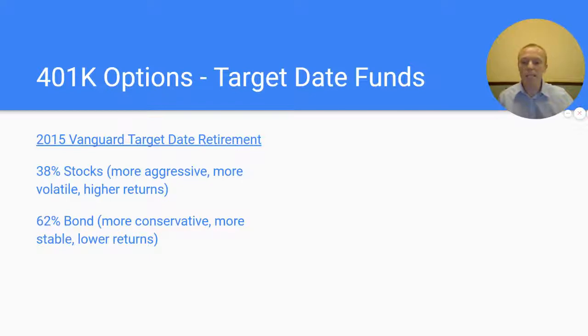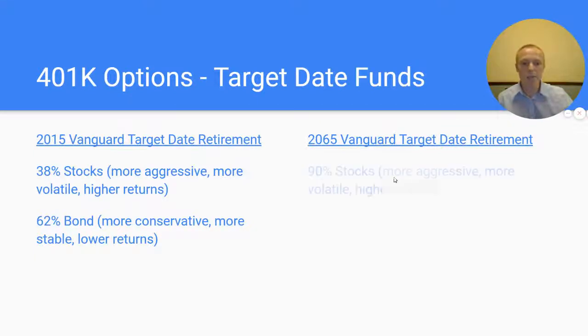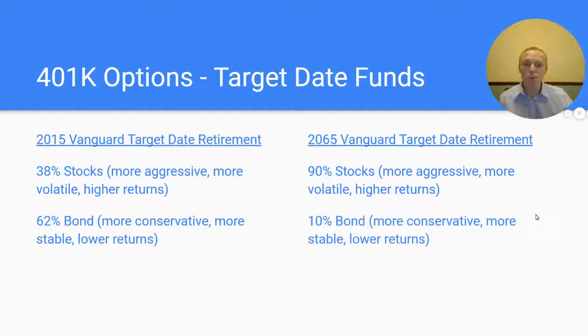And then they would have 62% in bonds, which are more conservative and more stable, but have lower returns. Now compare that with a 2065 retirement date fund. This fund will have 90% in stocks and only 10% in bonds, because they can withstand the volatility and aggressiveness of stocks since they have so many more years. They have decades to invest before retirement, and they can get higher returns.